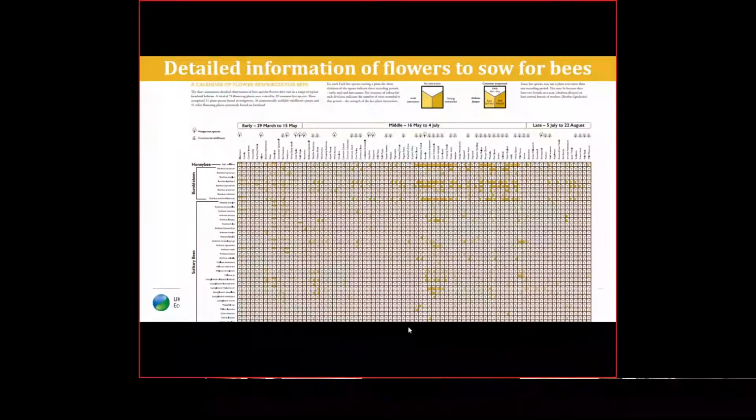So you can use this to design a hedgerow mix or a whole farm plan, which will provide pollen and nectar for the greatest range, greatest functional diversity of crop pollinators across the year, which is what they need for their populations to increase. It's freely available. You can download it as a PDF. I've got stacks of them in my office, so if you do want a paper copy, I'm happy to post some out to you.